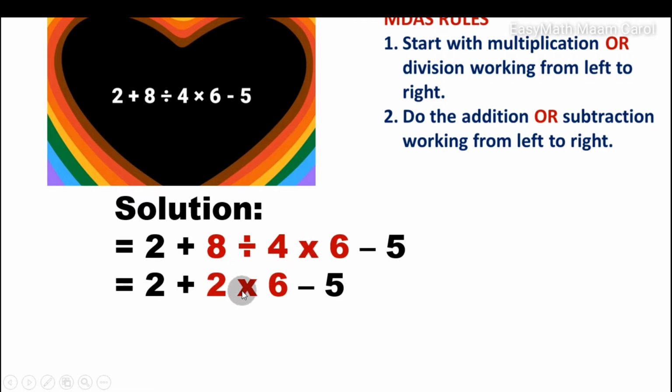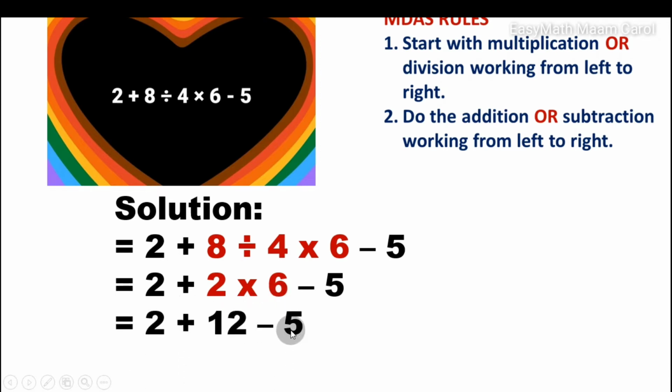And then times yung operation natin ng multiplication, and then 6, and then we copied minus 5. Naka-red pa rin siya kasi hindi pa naman tayo tapos dun sa first rule na priority, multiplication or division.